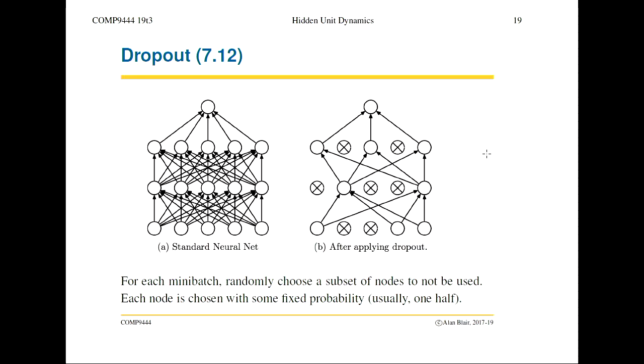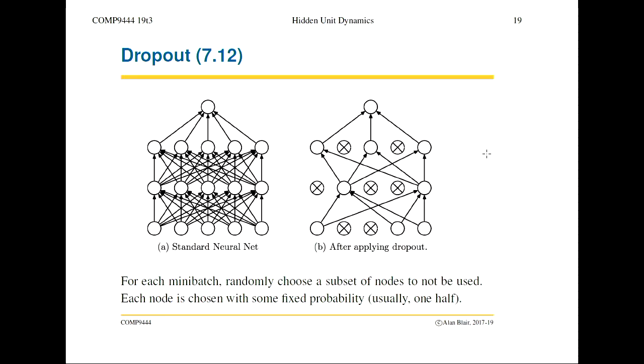You remember that we normally train in mini batches these days because we've got parallel hardware available to us. So we may train in blocks of 200 training items at a time. And the way dropout works is we say, okay, I'm about to train this particular mini batch, and the network I have is the one on the left, but I'm going to randomly pick some nodes that won't be active for this particular training batch.